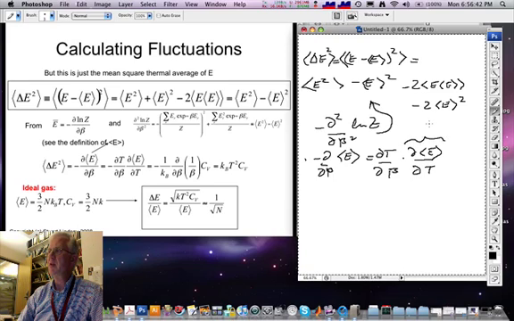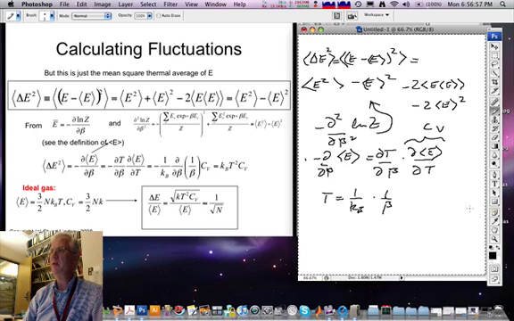This quantity here is the specific heat at constant volume. This quantity here we can work out the following way. T is just 1 over the Boltzmann constant times 1 over beta. And so if we take the derivative of this, we end up then here with this expression being equal to C_V k_Boltzmann T squared.